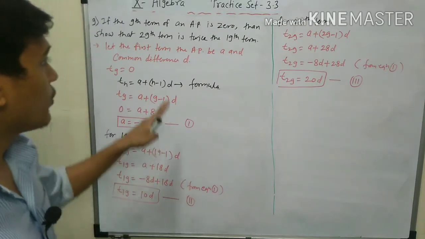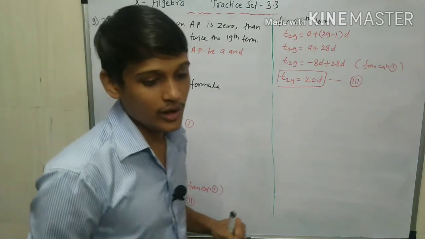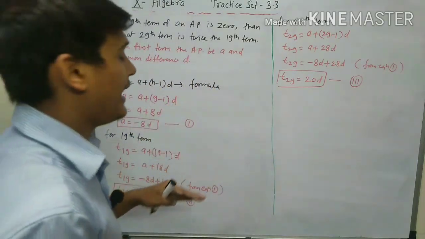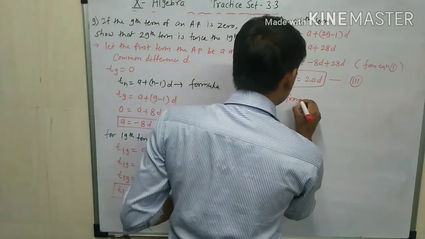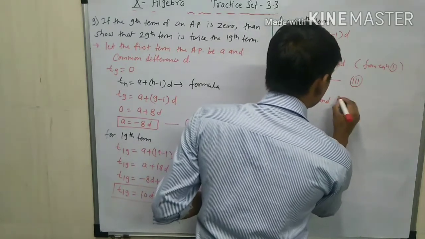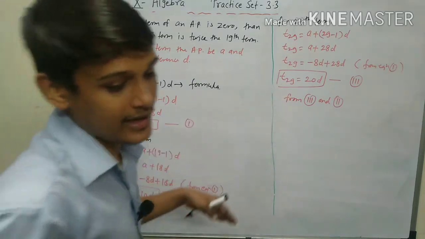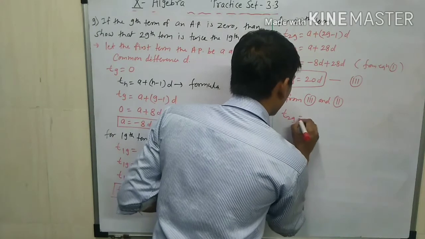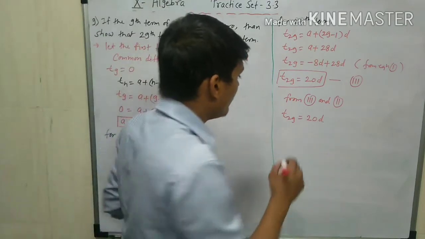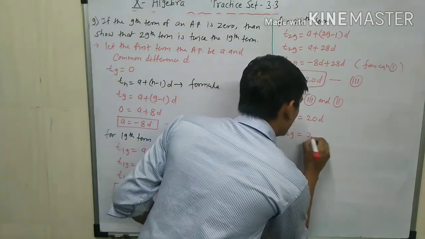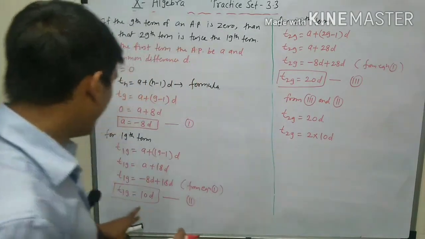Understood? Now the question is to show that the 29th term is twice the 19th term. Now from the third and second equations, what do we get here? T29 = 20d. We get 20d means 2 into 10d. 10d is what? 10d is T19.